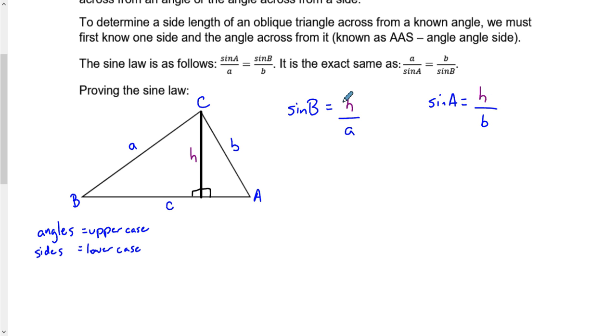If we solve both of these equations for h by multiplying this one by a on both sides, and this one by b on both sides, we'd have that h on the left-hand side would be a multiplied by the sine of B, and on this side, h would be b multiplied by the sine of A.